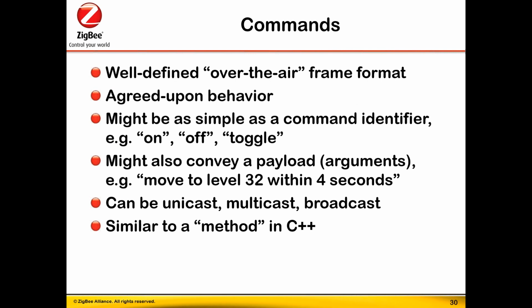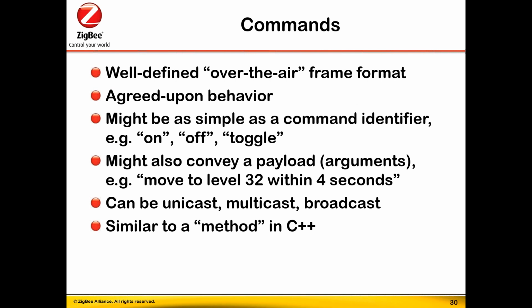Yeah, so commands are comparable to methods in object-oriented programming languages. So you can use them to tell an endpoint to do something. In the easiest example, this could be a simple on-off command, but you can also include arguments.